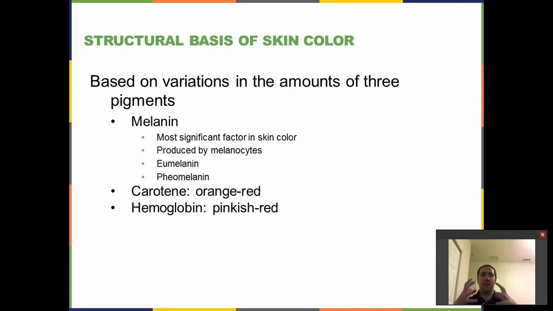Someone who has more melanin, the melanin blocks the hemoglobin underneath, and so you're not going to see it nearly as much. This is what gives people a pink appearance on the cheeks sometimes, or if someone gets embarrassed and they blush, that's just a flushing of blood into the cheeks, and then you can actually see that blood through the skin.